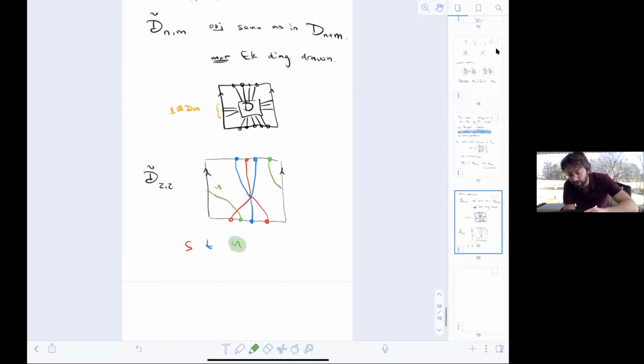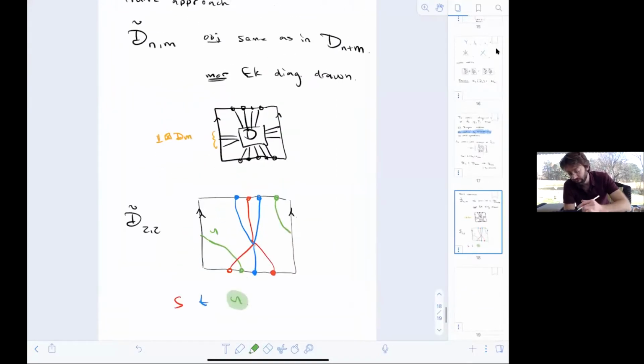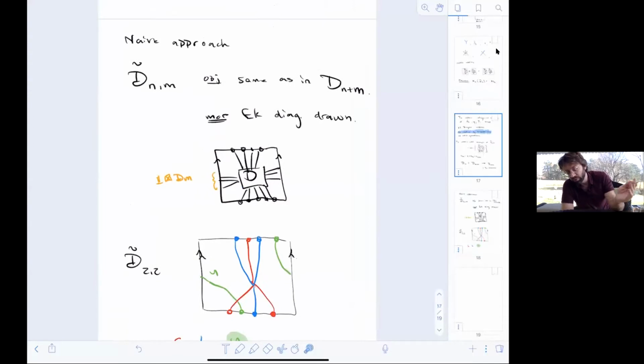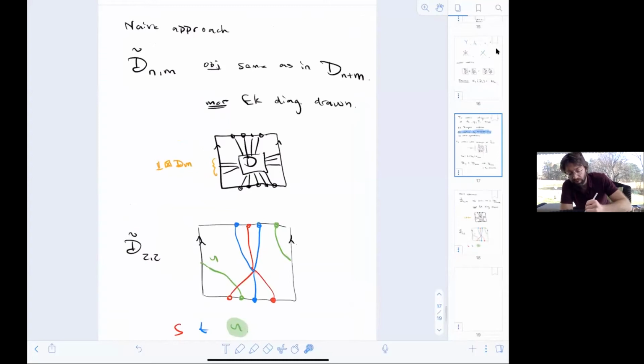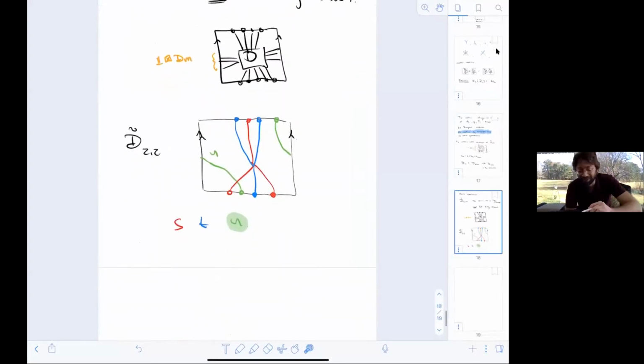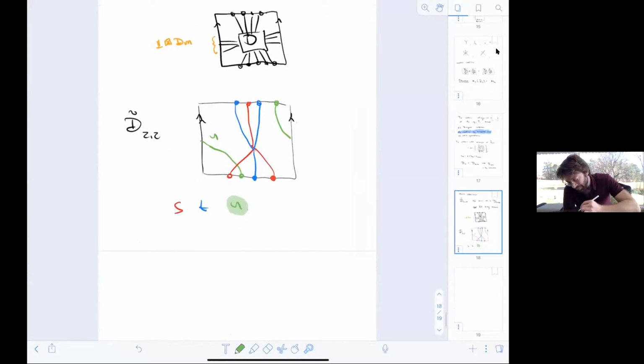But this is the naive approach: to define a category identifying the left and right multiplication of objects in DM, which corresponds to drawing Elias-Khovanov diagrams in this cylinder, where morphisms in DM are allowed to hit the back of the rectangle. I should also say that there is a DG version of this construction, which is a derived version of this construction.